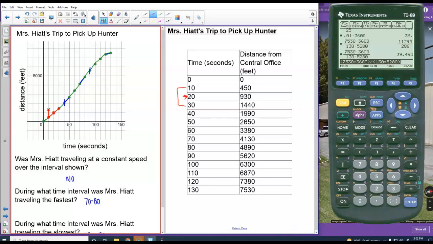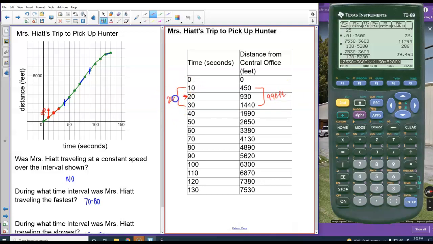Is that right? Yep. Oh, I think I did it different over here. Where is this? Okay, yeah. So 990, because we're just taking 1440 and subtracting 450, right? So we got 990. This is 990 feet. And how many seconds did it take?